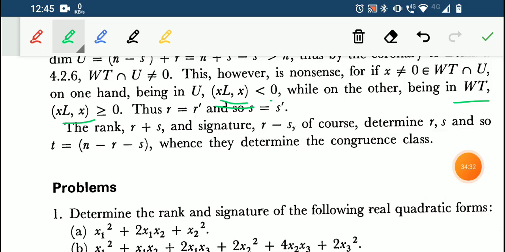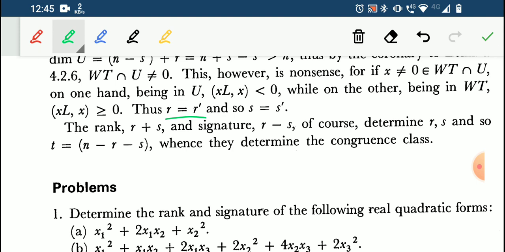This is a mistake in what was written; it is xm comma x greater than 0. This is not possible, because for the same vector x, it is less than 0 when it belongs to U, and greater than 0 when it belongs to Wt.